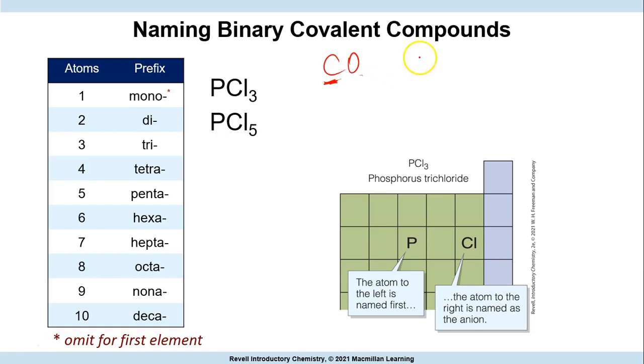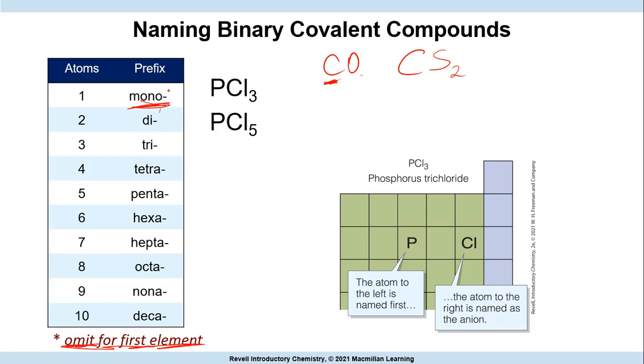Now, another example here, if you see this is carbon disulfide. You don't say monocarbon disulfide. That is what we mean you omit for first. The star here shows that you omit for the first element. So you don't say it's monocarbon disulfide. You say it's carbon disulfide. Di because there are 2 of them.